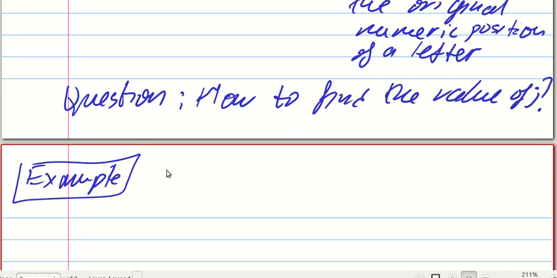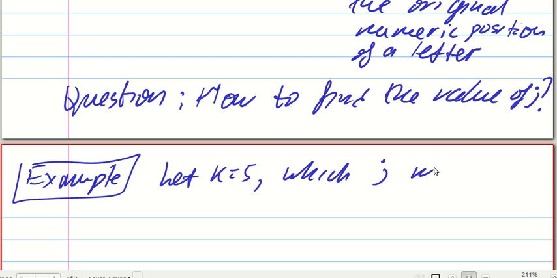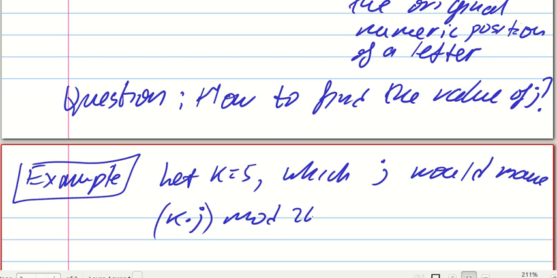Let's try. So let k equal 5. Which j would make k times j mod 26 equal to 1?